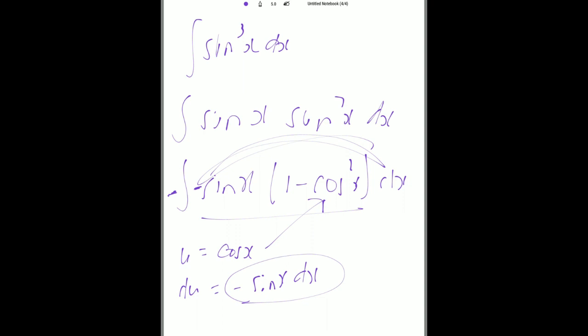So what do we end up with? We end up with negative integral of what? Negative sine x dx was equal to du. And then we have 1 minus cos squared. But cos is equal to u, so that would be u squared.